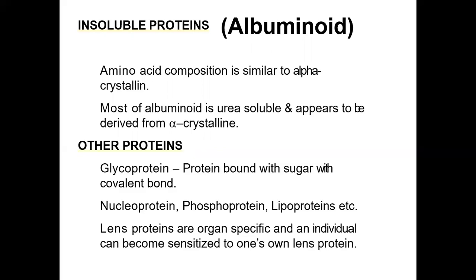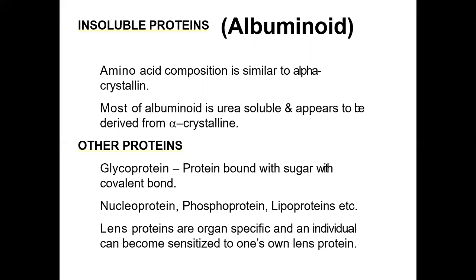are present in the lens. The lens proteins are organ specific. An individual can become sensitized to his own lens protein. This is another factor. Because we can see so many proteins are present in the lens, they say it is the highest number of proteins present compared to other organs in the whole body. So sometimes it can harm the structure of the lens.